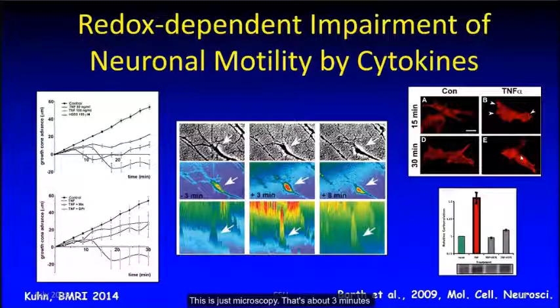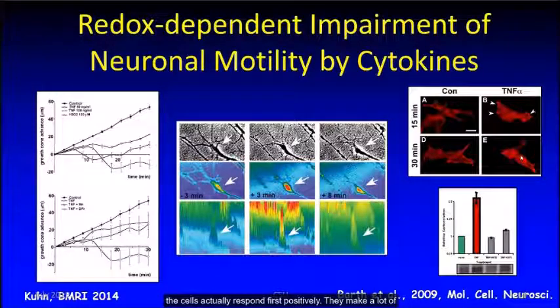This is microscopy: about 3 minutes before the growth cone sees TNF-alpha, then the oxygen radical concentration goes way up in the growth cone, stays high, and the growth cone ceases its motility.